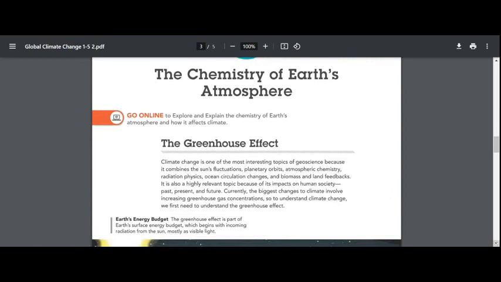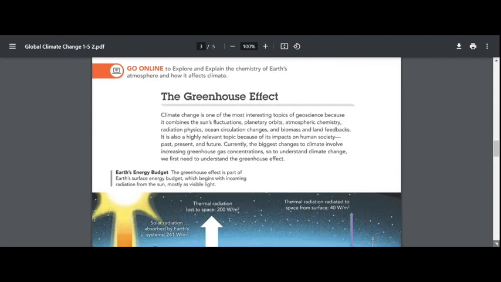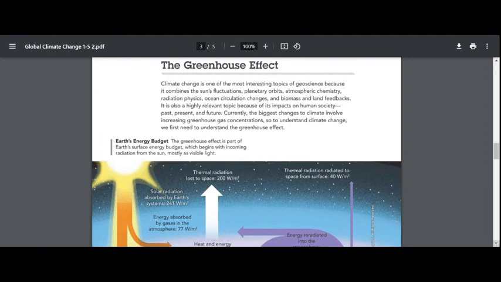All right, so now we're going to discuss the greenhouse effect. So, climate change is one of the most interesting topics of geoscience because it combines the sun's fluctuations, planetary orbits, atmospheric chemistry, radiation physics, ocean circulation changes, and biomass and land feedbacks.